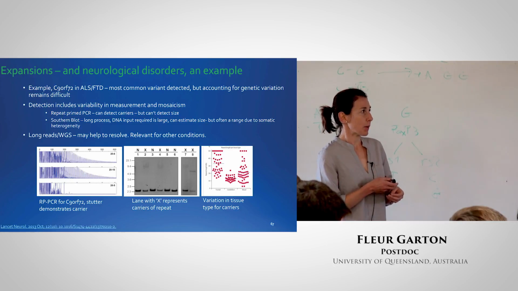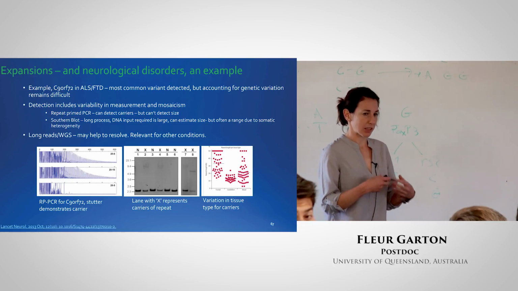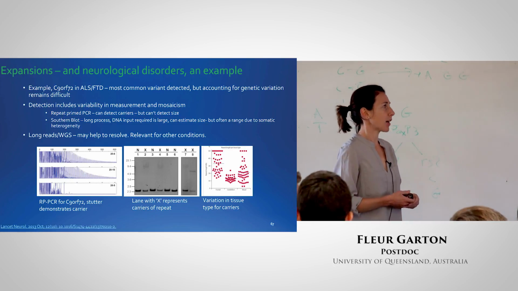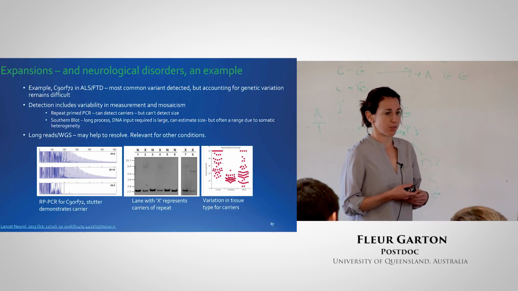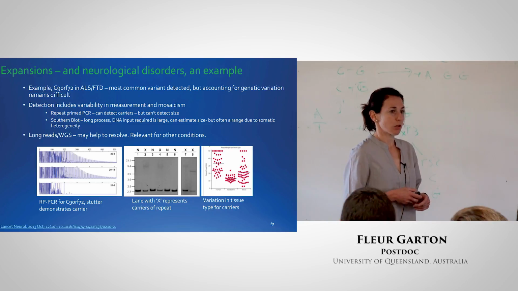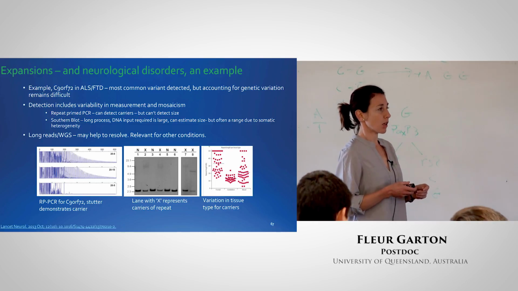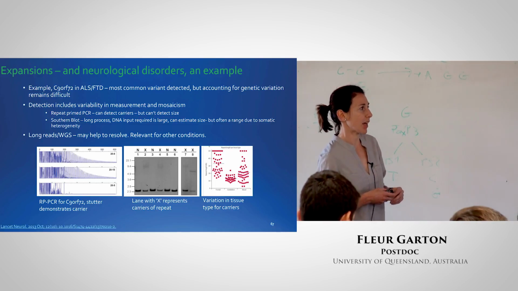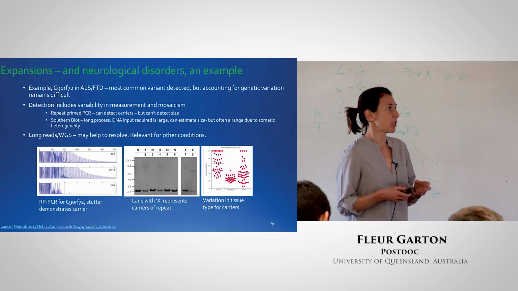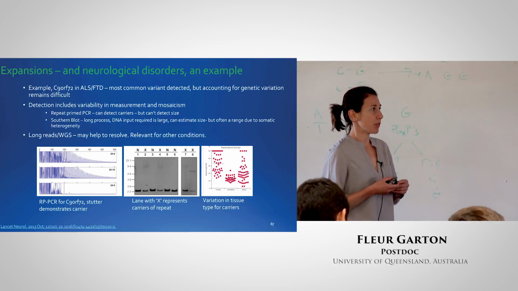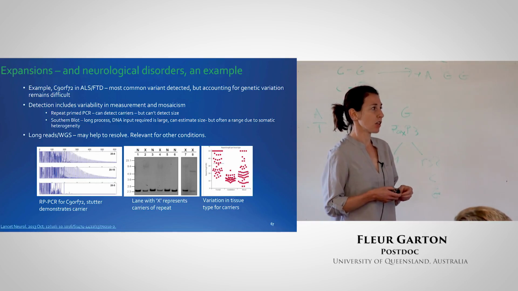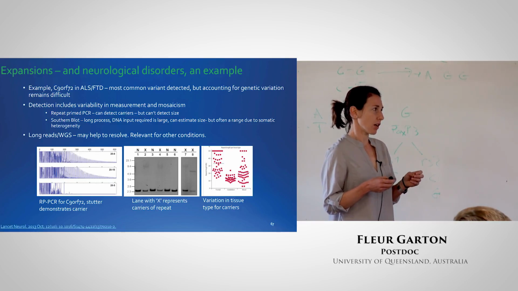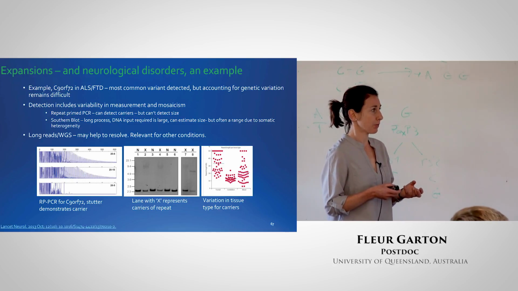There's an expansion, again I'm coming back to ALS because that's what I'm familiar with, in the gene called C9orf72, and this is the most common variant that's detected, but accounting for genetic variation still remains difficult, and this includes variability in the measurement and also mosaicism. So this is differences between cells in actually the size of this expansion.